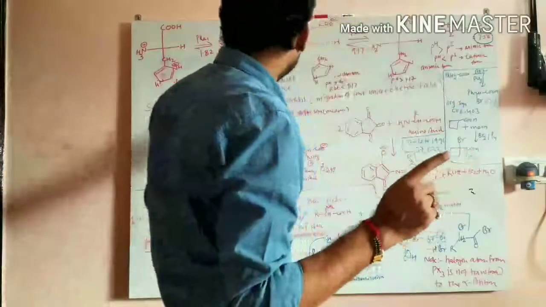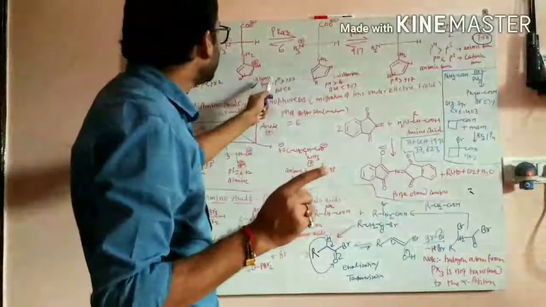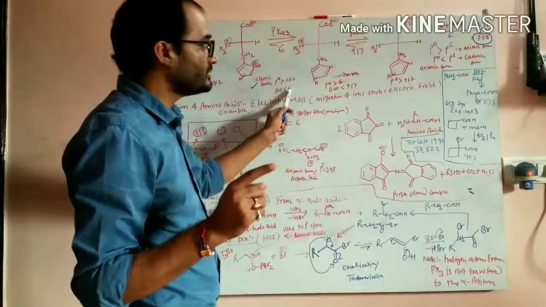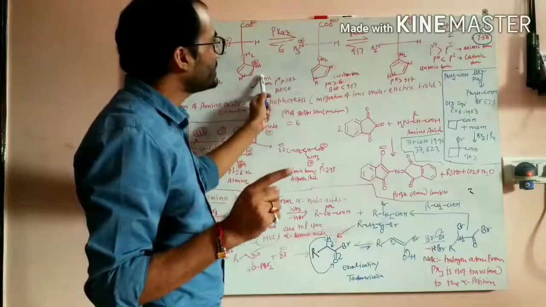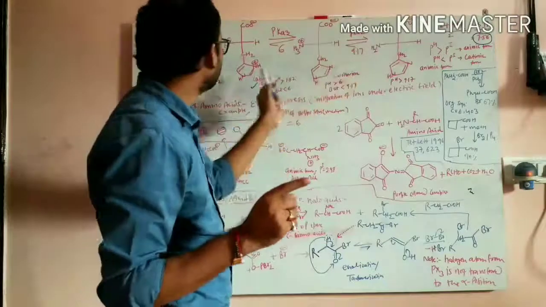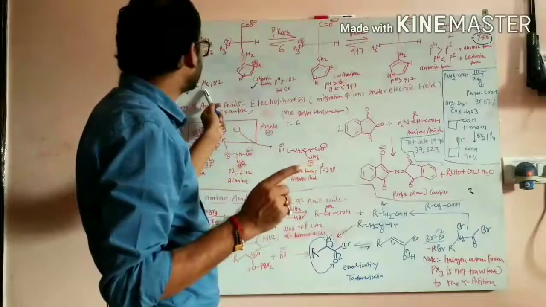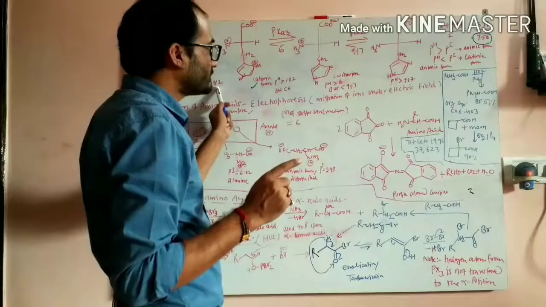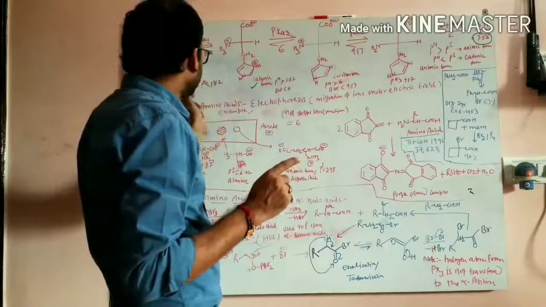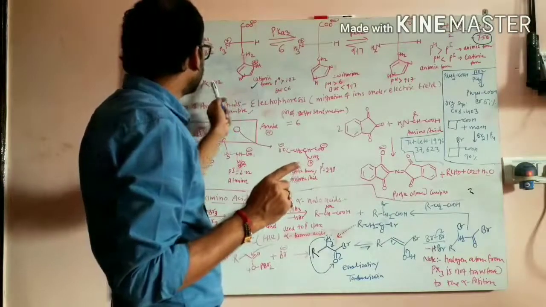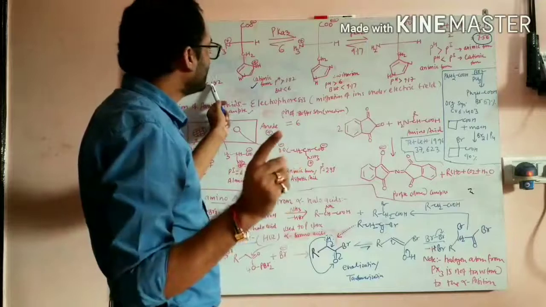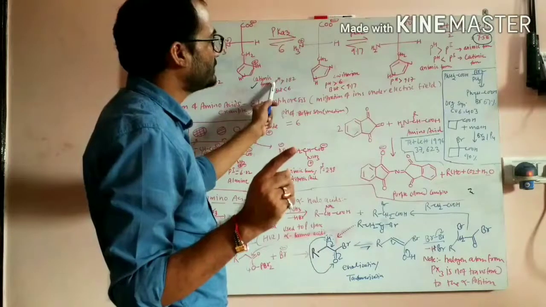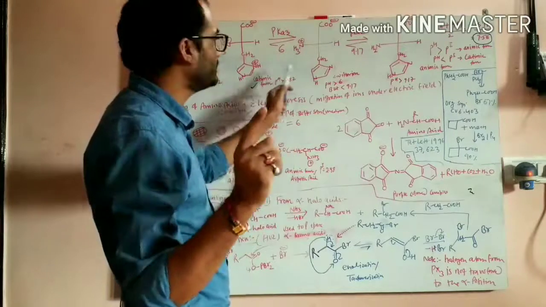Now you can see here the pH is between 1.8 and 1.6, which means the pH is less than 7.56. Again here the pH is 1.82, less than 7.56, the pI of histidine.